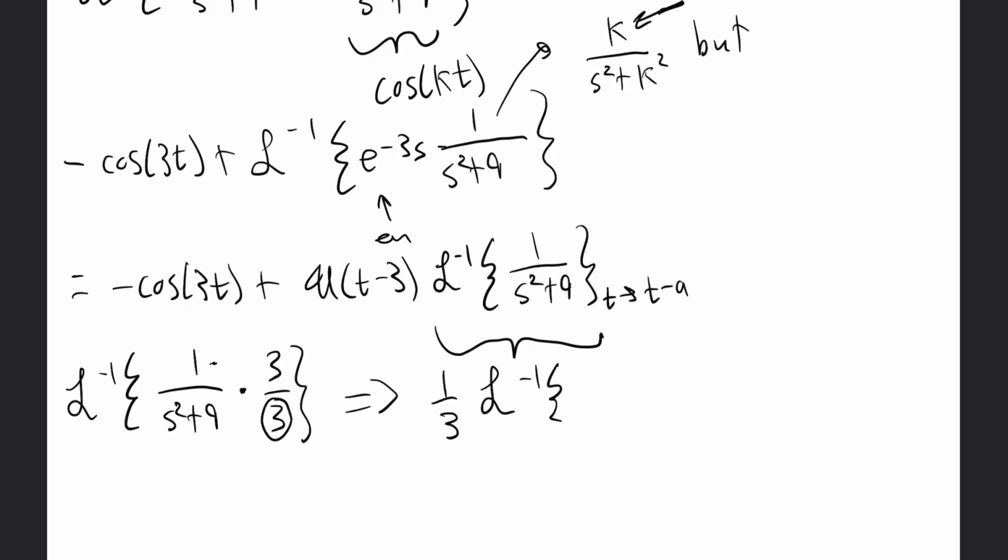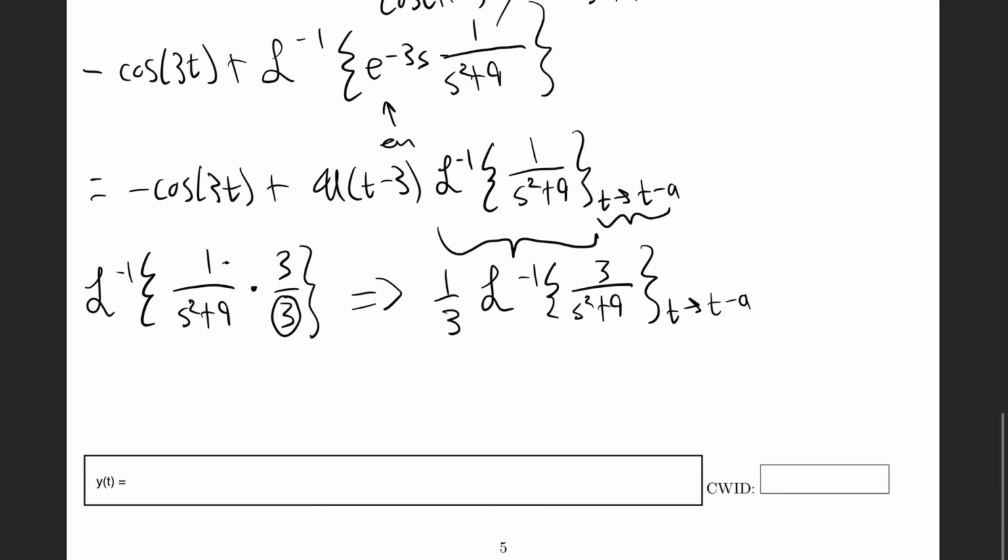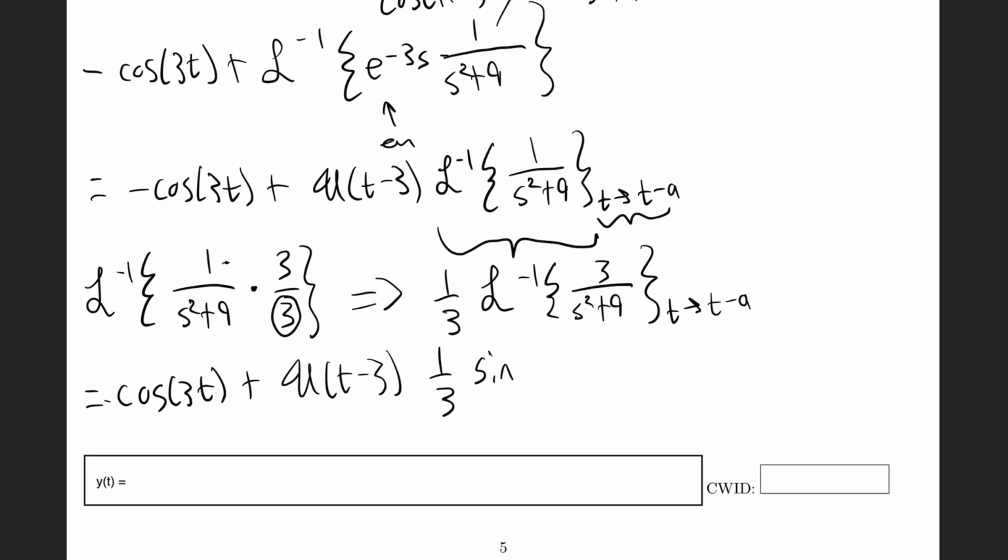And then this ends up being 3 over s squared plus 9. And remember, we're evaluating as t goes to t minus a. So in total, negative cosine of 3t plus the Heaviside step function of t minus 3 times 1/3 sine of, and k right here, k equals 3, so 3t.